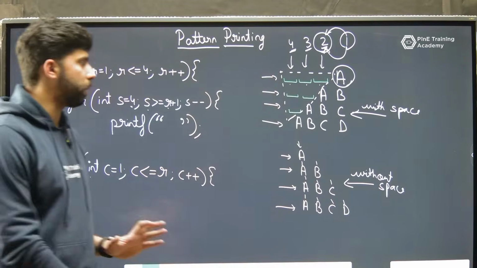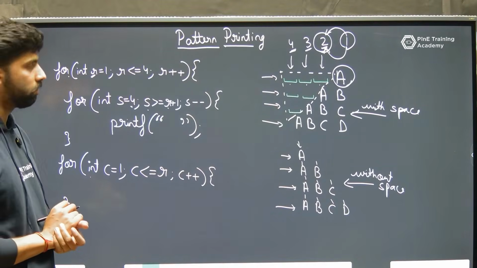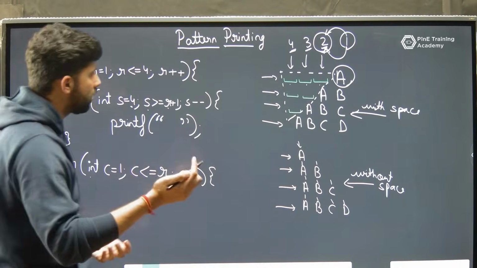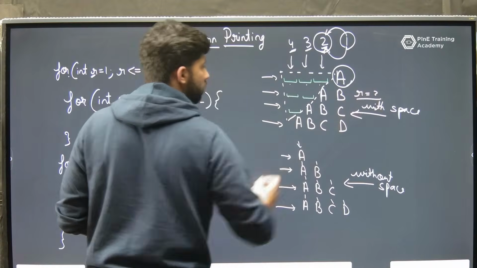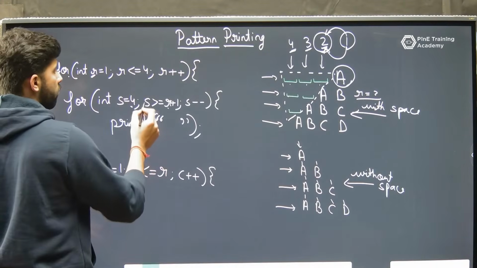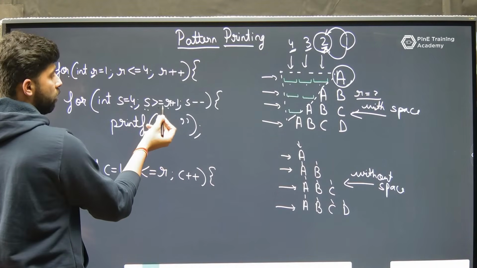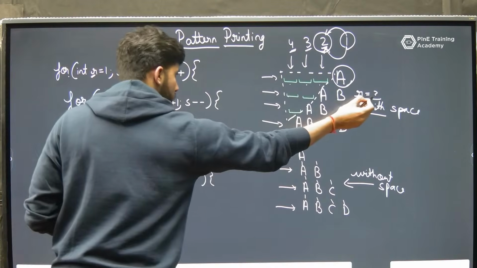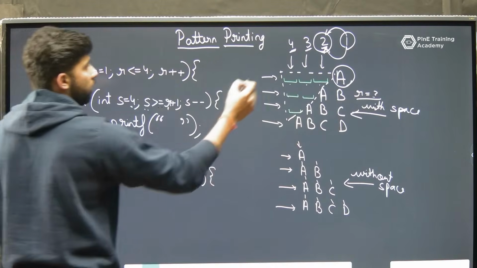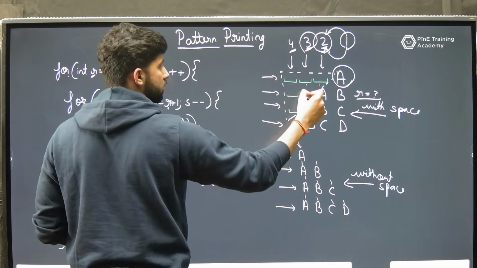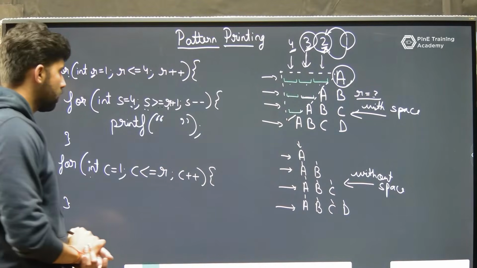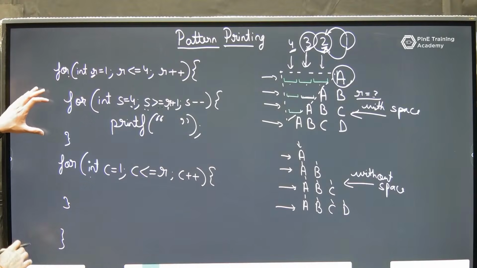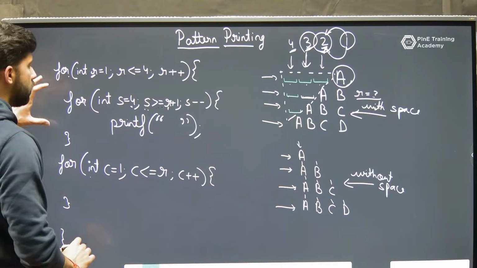We will be able to print this part perfectly fine. We can check for the next row as well. For the next row, r will be equal to 2. So we are going from 4 greater than or equal to r plus 1, which is 3. So we will print space till 3. So this is our space loop.